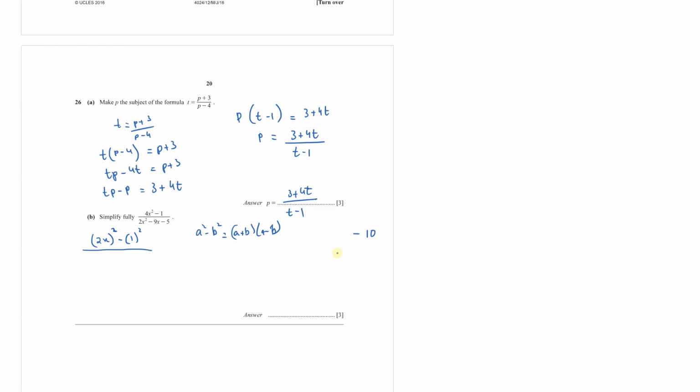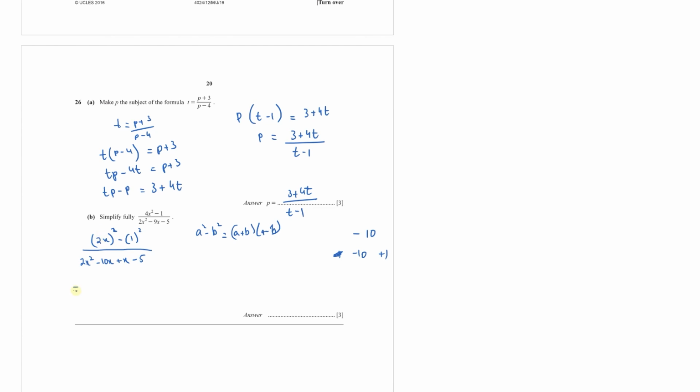So this is negative 10 times positive 1. If you multiply these two, I get negative 10. But if I add these two, negative 10 plus 1 is negative 9 that we have here in the middle. So this would be 2x squared minus 10x plus x minus 5.